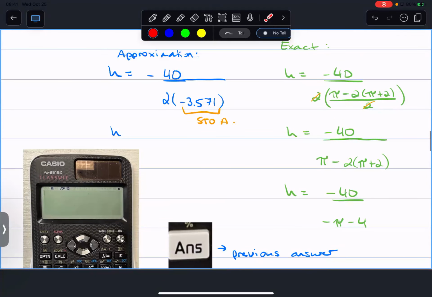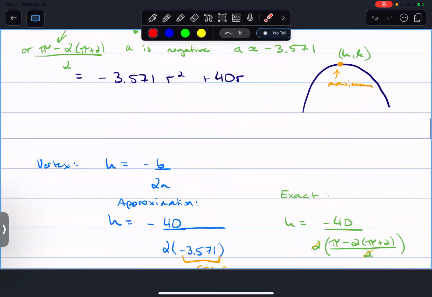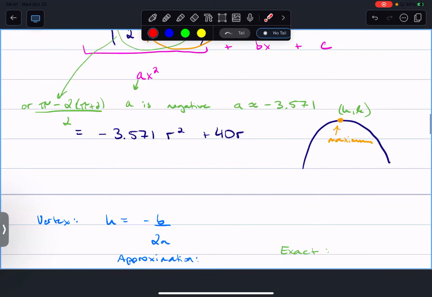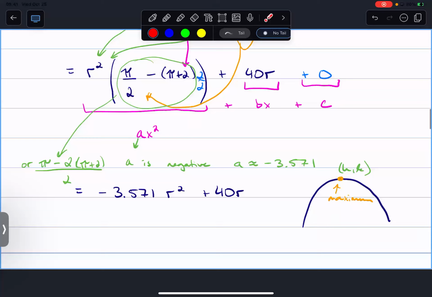Okay, what was I doing? Aha! I had stored this big nasty thing in A, but I hadn't actually, so let's go back and do that. It was pi over 2 minus pi plus 2 in brackets.